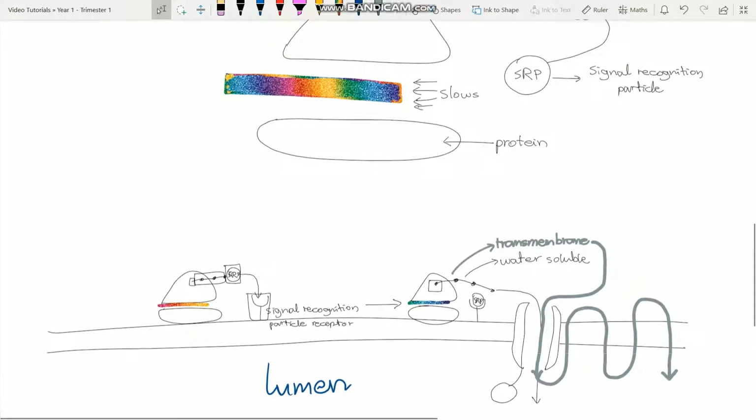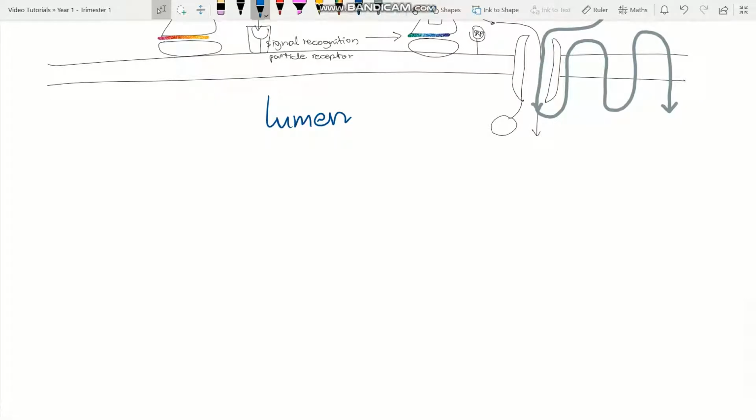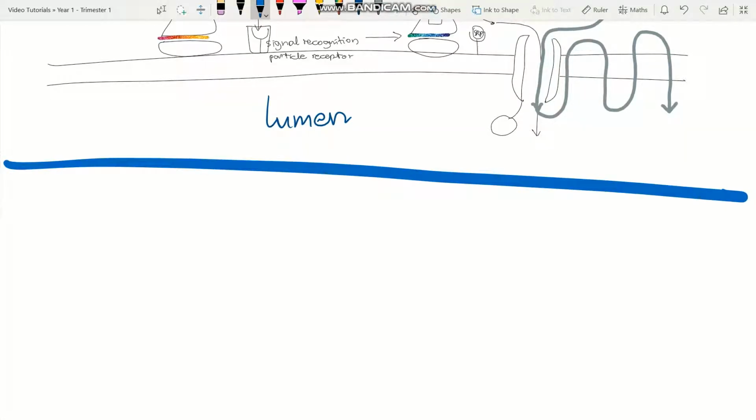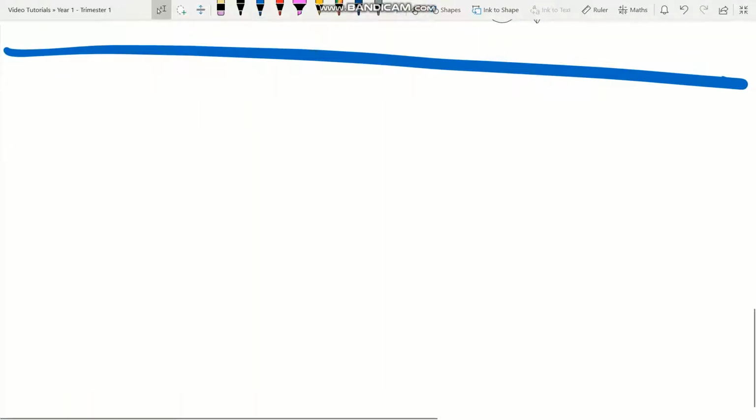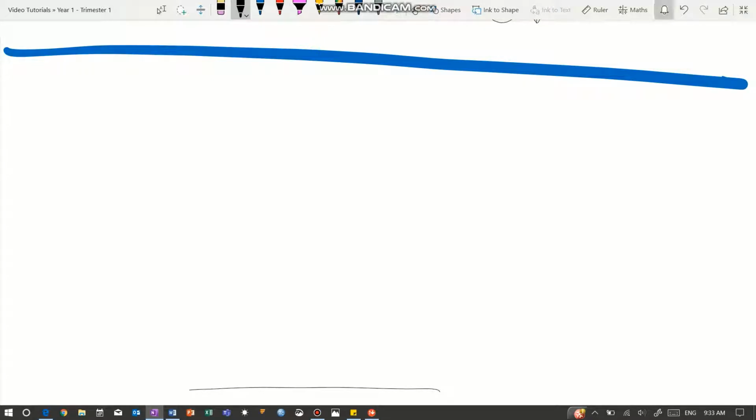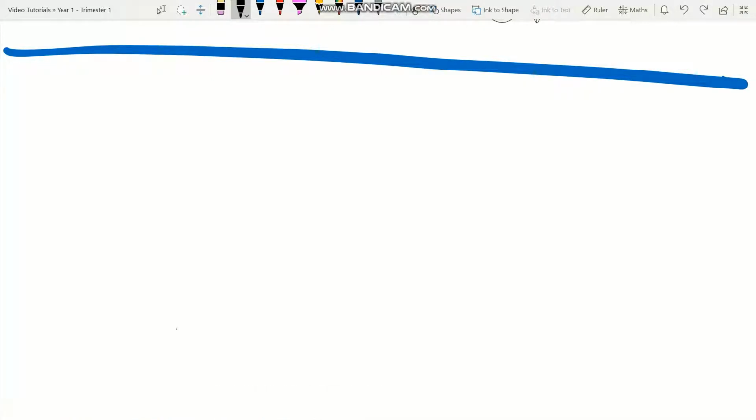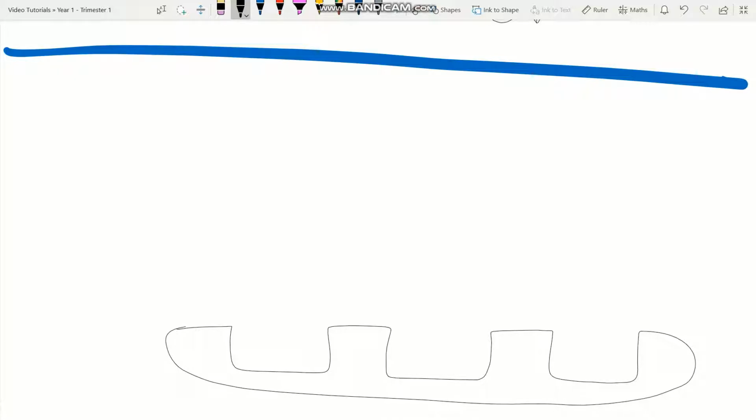Now that this process has been established, I would like to go through further how the process of translation actually occurs. So, if we go back to our ribosome with its large and small subunit, we will actually see that there are three different sites present within the ribosome.